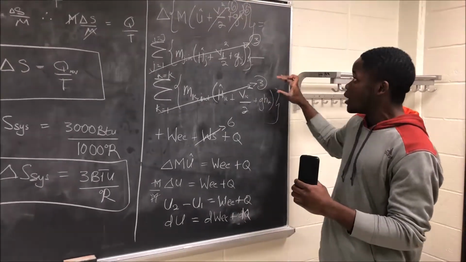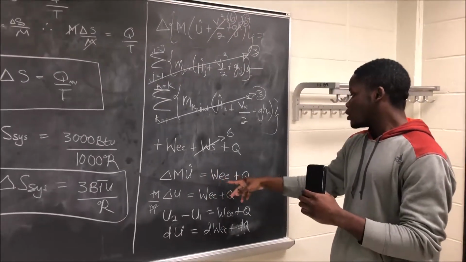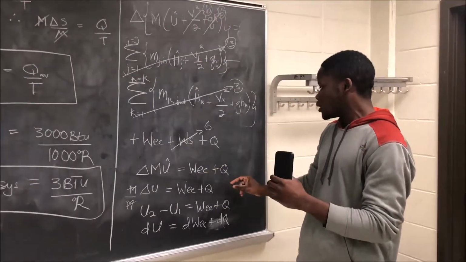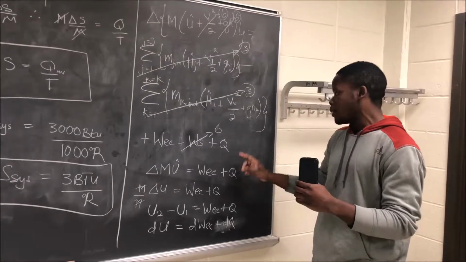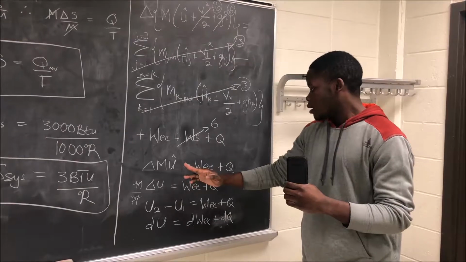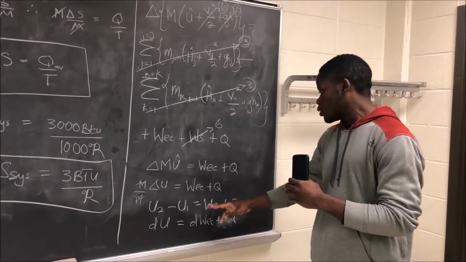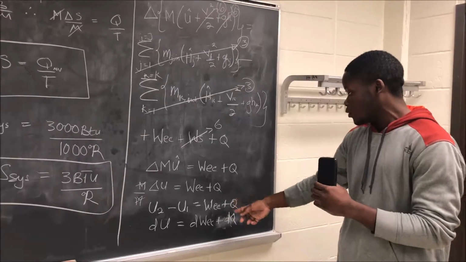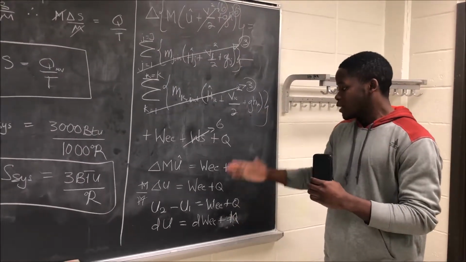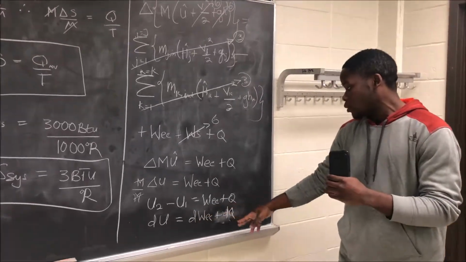So our energy balance simplifies to delta U equals work done by expansion/contraction plus heat. And so this goes further to U2 minus U1 equals work done by expansion/contraction plus heat. To change this into differential form, then dU is equal to dW plus dQ.